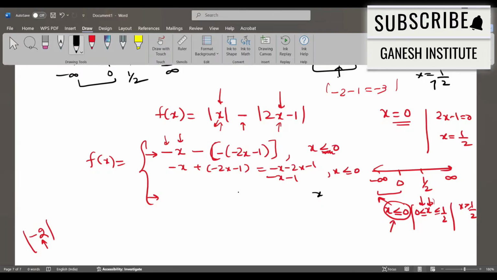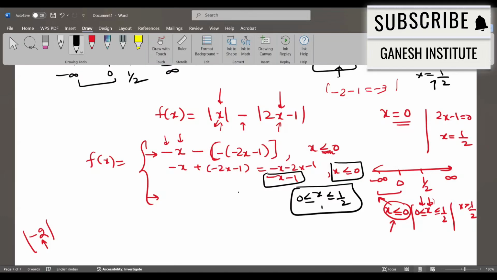The next value is x lying between 0 to 1/2. That was for the first one. Now for the second one, if you substitute anything between this, let's say 0.25, it is positive x, and this other one is negative.